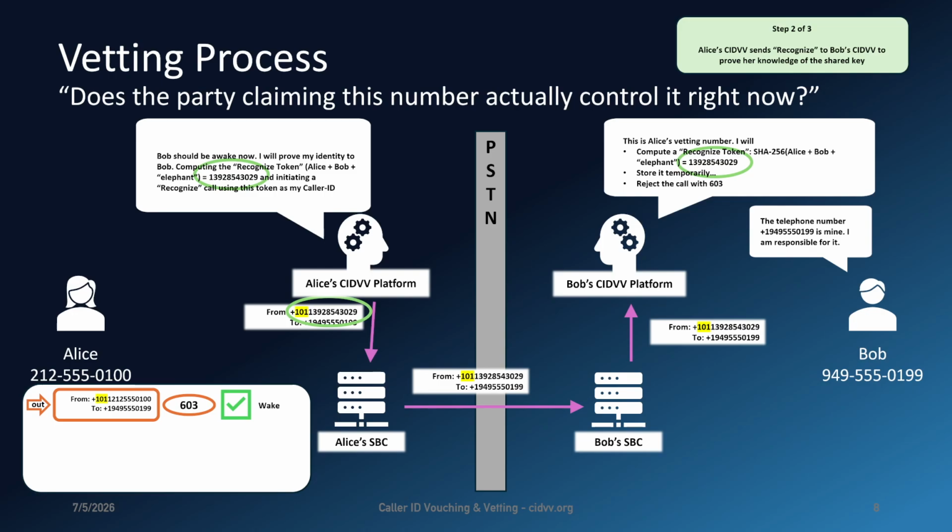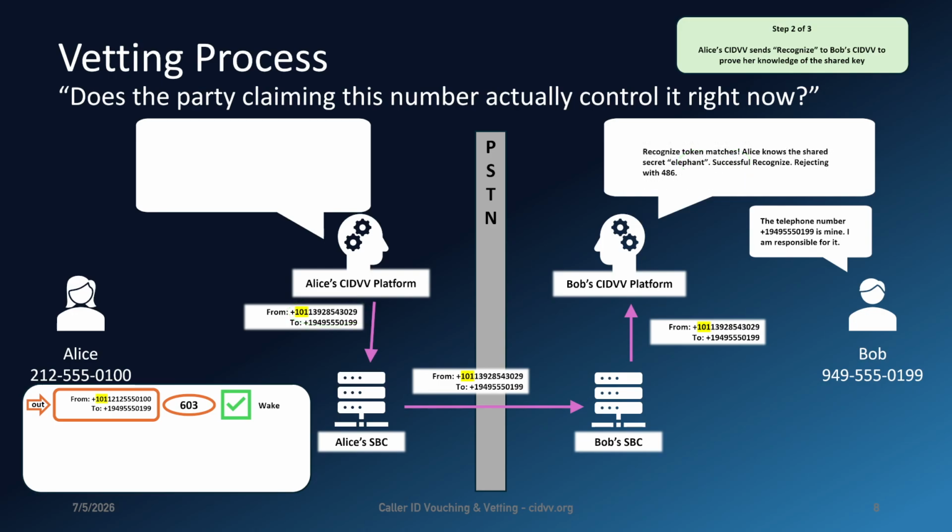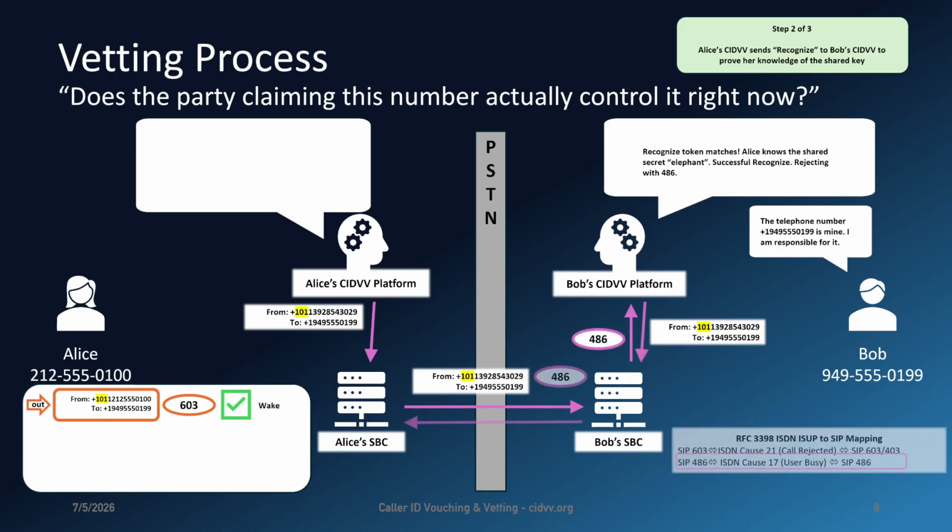Anything with a +101 goes up to Bob's CIDVV platform, and Bob's CIDVV platform strips the +101 and says, aha, I recognize that token because I just stored it a second or two ago. So Bob's CIDVV platform trusts that Alice knows the shared key of elephant and now rejects the call with a 486. 486 indicating I trust that you know the shared key.